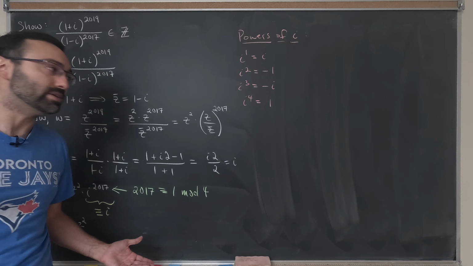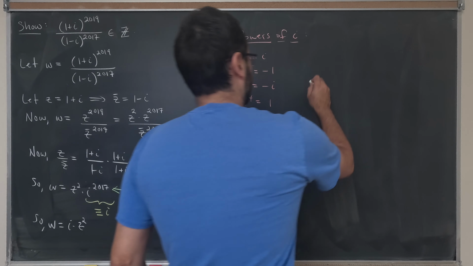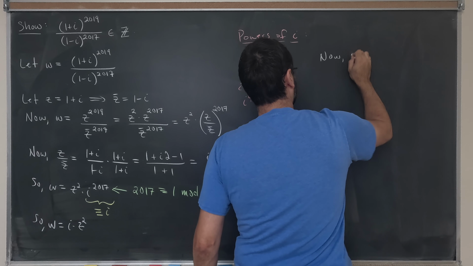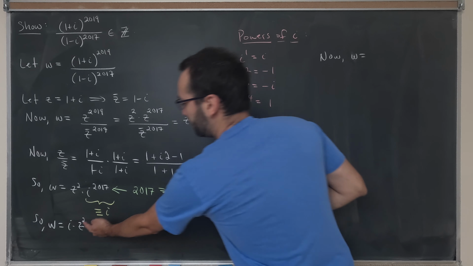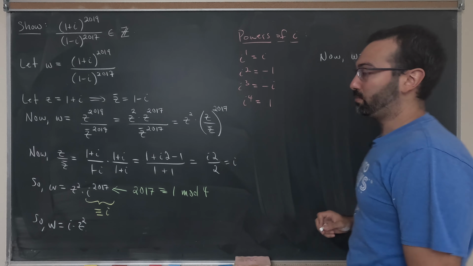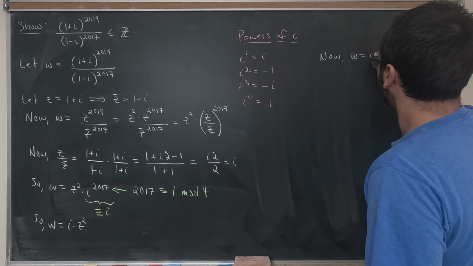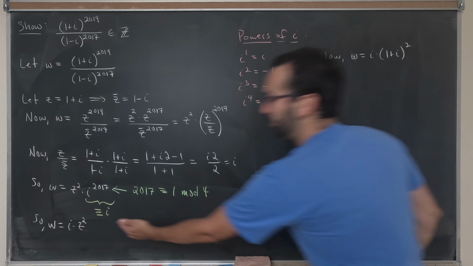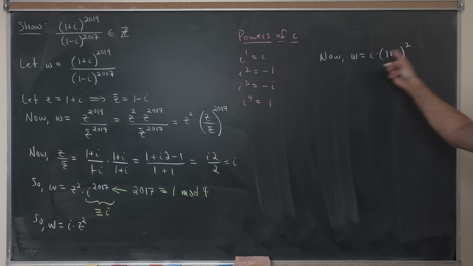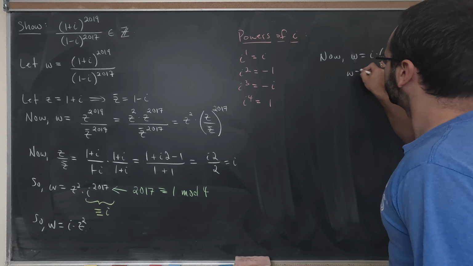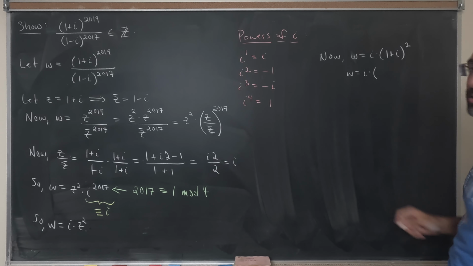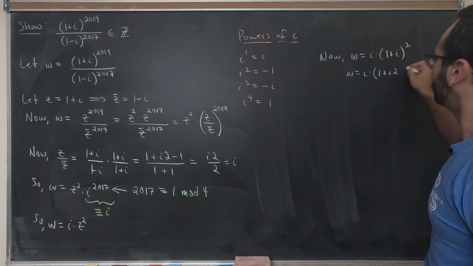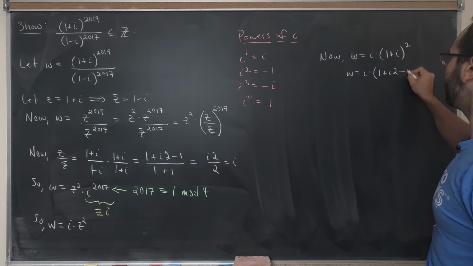Well, we know what z is. z is just what we called 1 plus i. So we have i times (1 plus i) squared, and we can expand this out. So (1 plus i) squared is just 1 plus 2i plus i squared, which is minus 1.